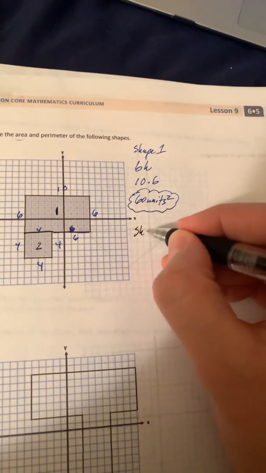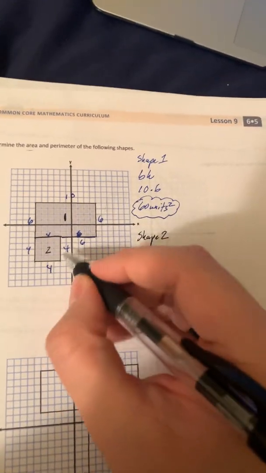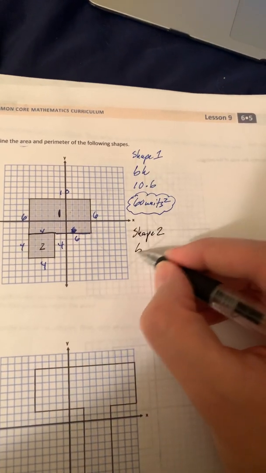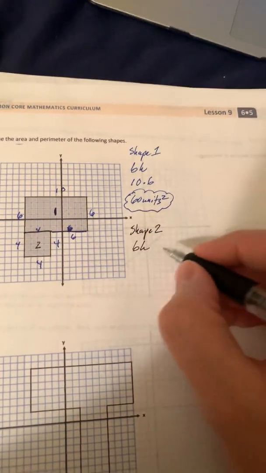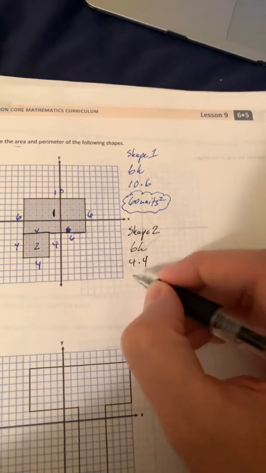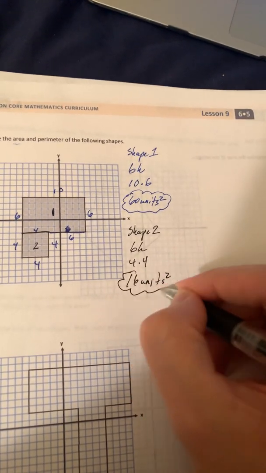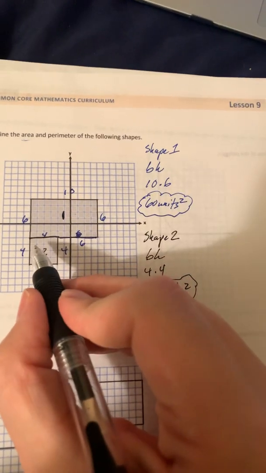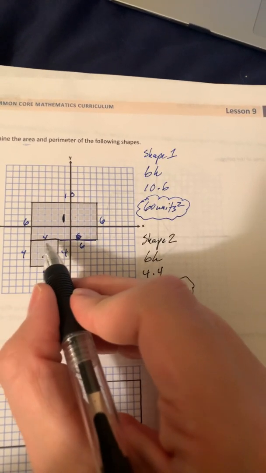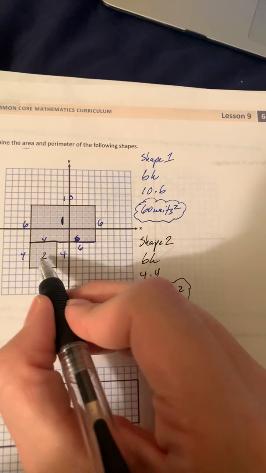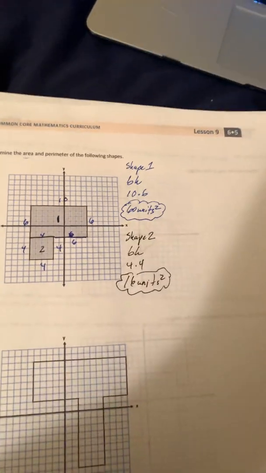And then shape 2, I'm gonna use another color pen, which is this one. I'm gonna use base times height as well. 4 times 4, which is 16 units squared. And if I go in here, it'll actually be 16. 1, 2, 3, 4, 5, 6, 7, 8, 9, 10, 11, 12, 13, 14, 15, 16, just proving it to you guys.